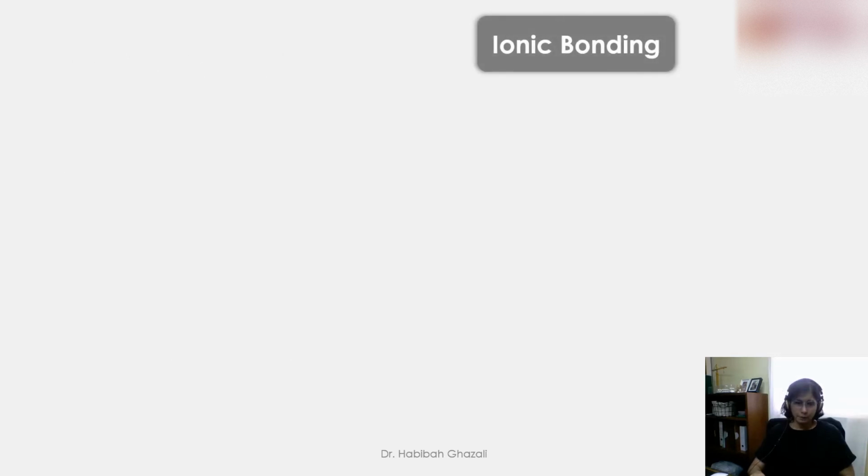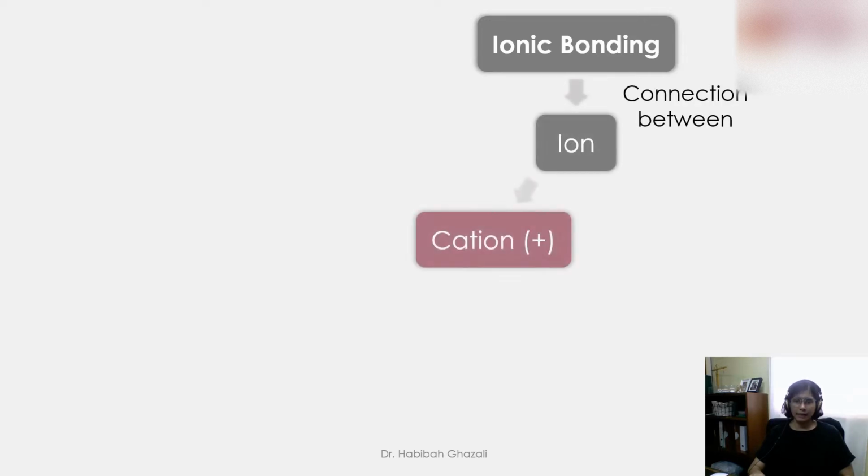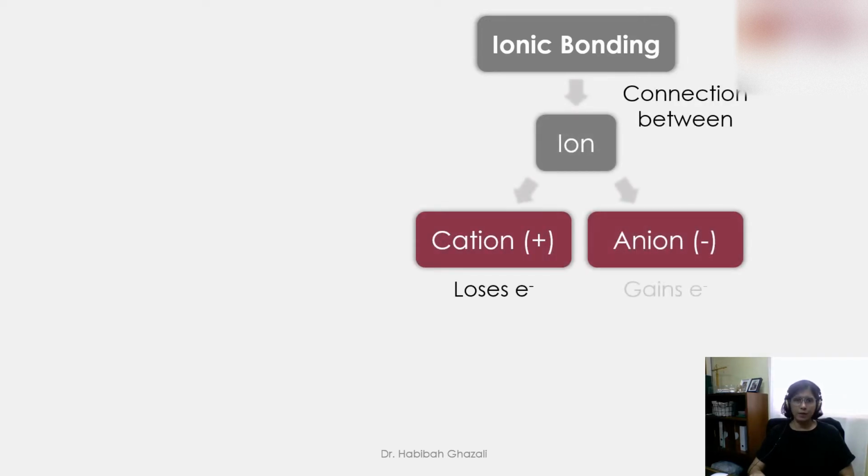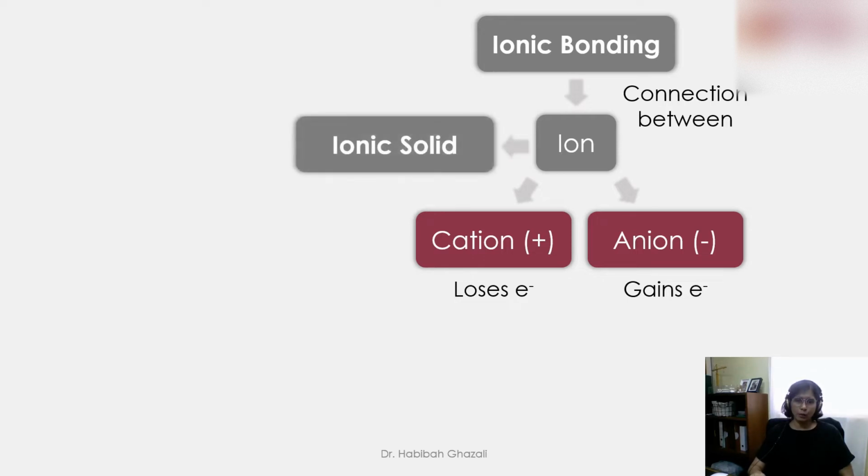An ionic bond is going to be between ions. So it is a connection between a cation and an anion. The cation is positive since it lost its electron, and the anion is negative since it gained an electron. So they will form an ionic solid.